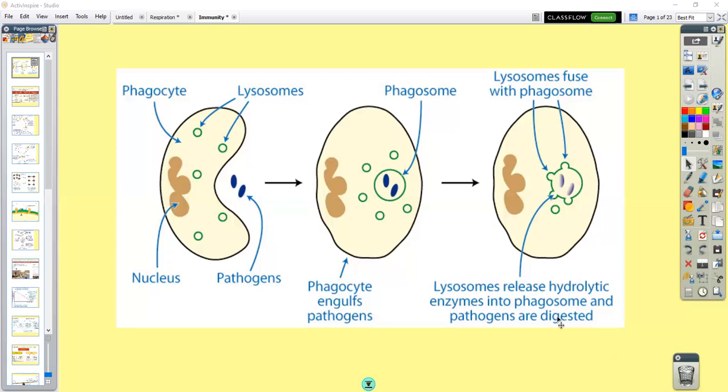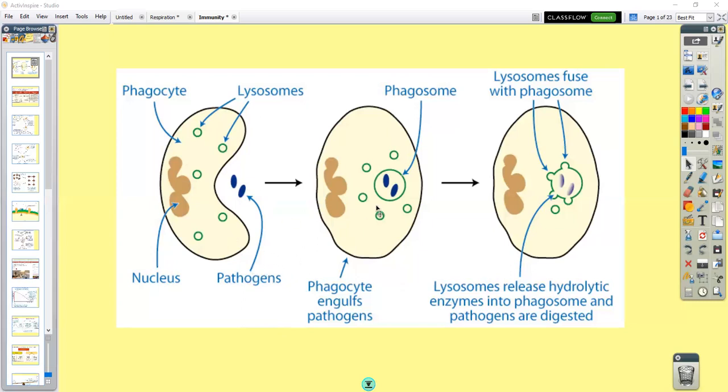Okay, so phagocytosis we can see on screen here. This is your phagocyte or white blood cell. Here's your pathogen, which can cause disease or potentially death. Phagocytes recognize that these pathogens are non-self cells, so they haven't come from the body, they've come from outside the body. And essentially these phagocytes engulf these bacteria through phagocytosis.